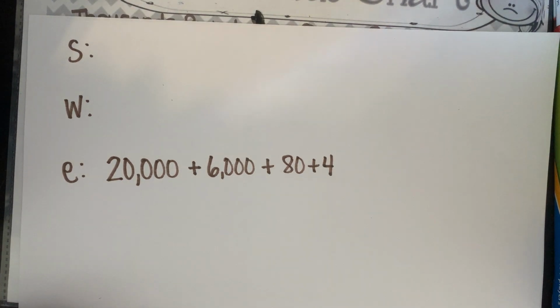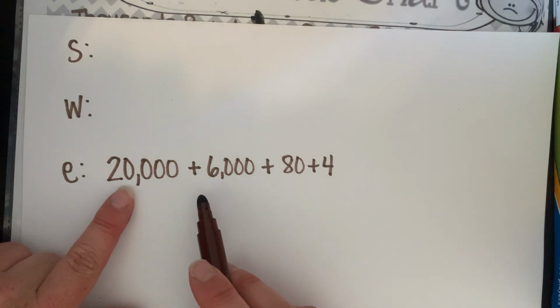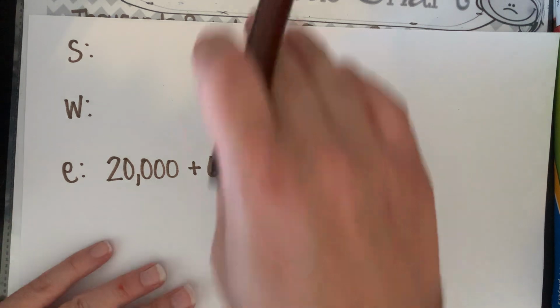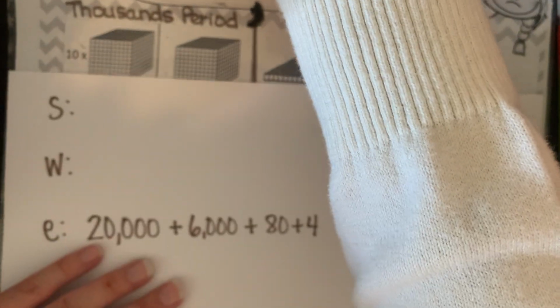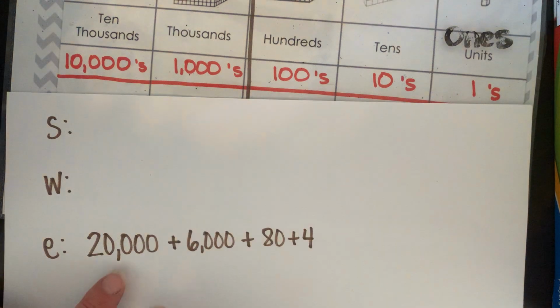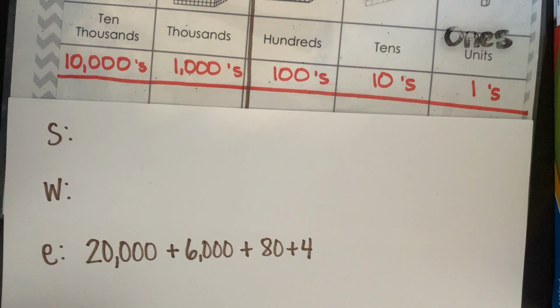Let's try to first write this out. Or let me try to put it in my place value chart first. So here, here I have 20,000 and then I have 6,000.